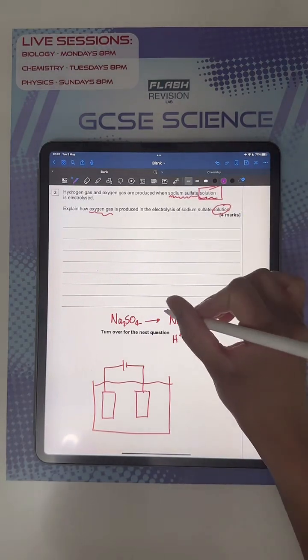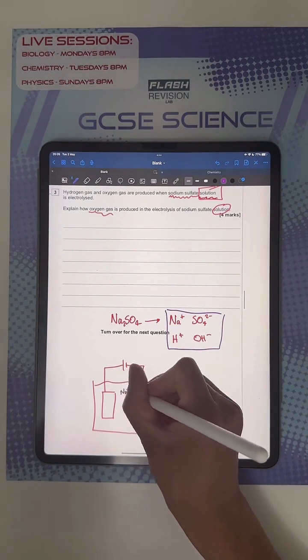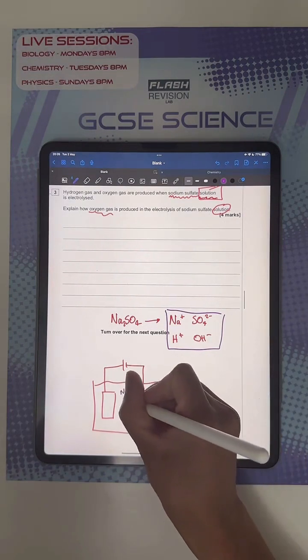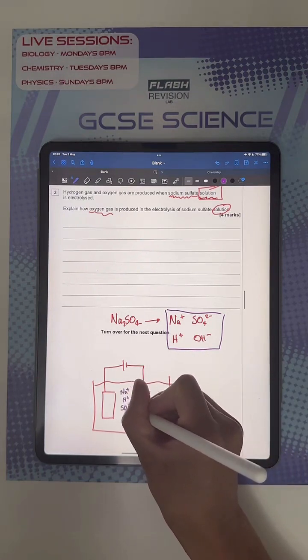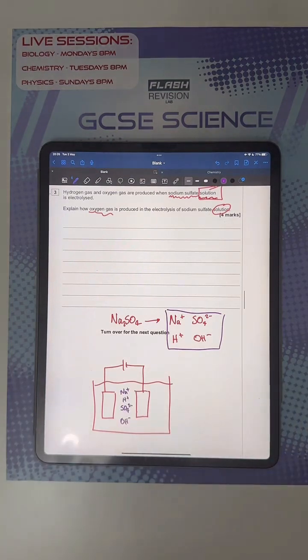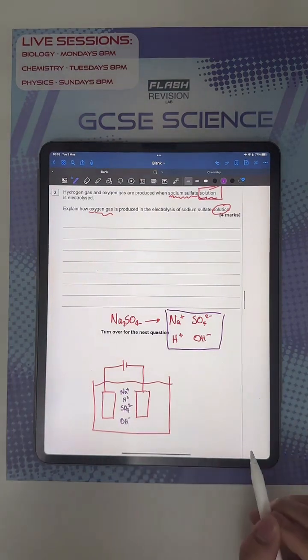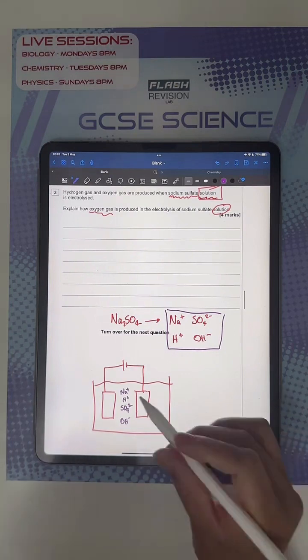This time, we have 4 ions. We have Na plus, we have H plus, we have SO4 2 minus, and we have OH minus. Only one of the positive ones can go, only one of the negative ones can go. And you need to figure out which one it is.